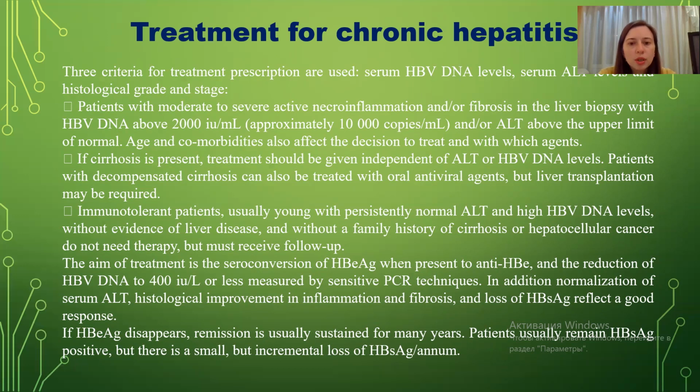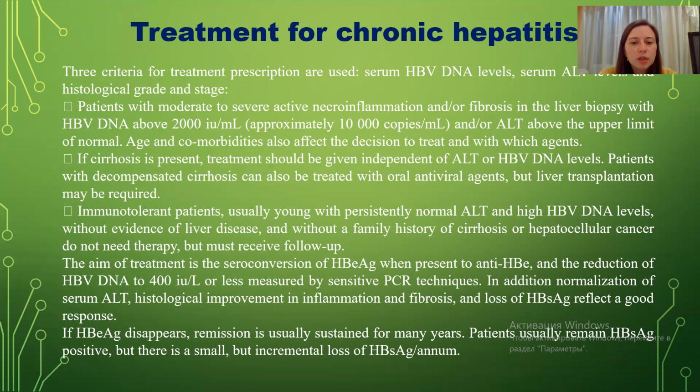Immunotolerant patients, usually young with persistently normal ALT and high HBV DNA levels without evidence of liver disease, and without a family history of cirrhosis or hepatocellular cancer, do not need therapy but must receive follow-up.